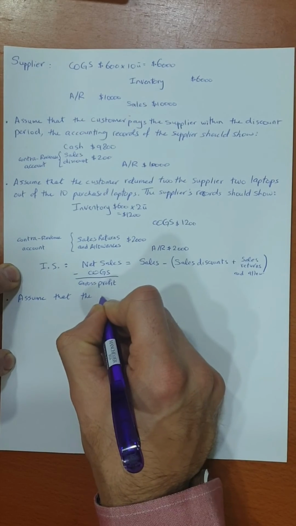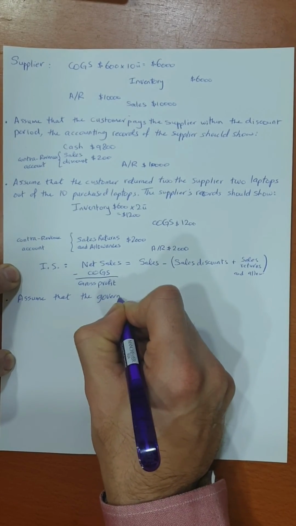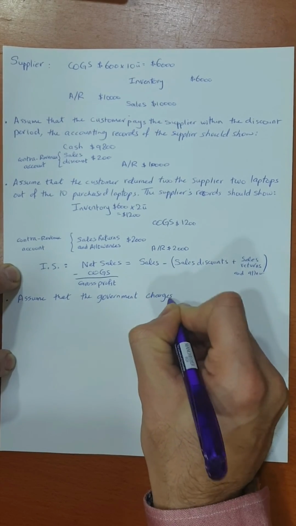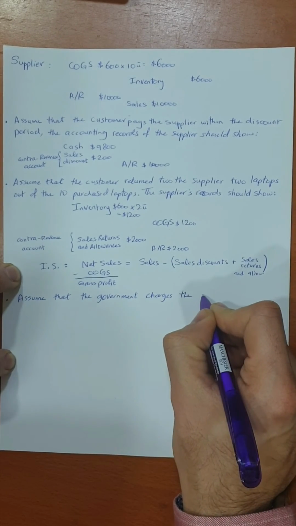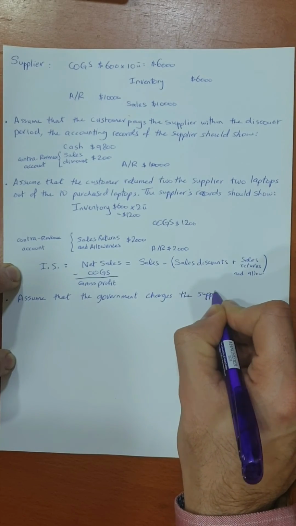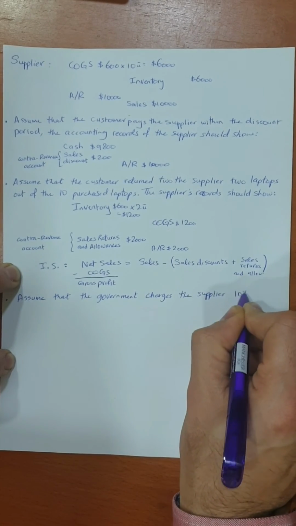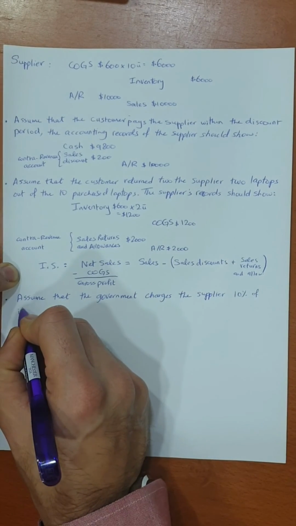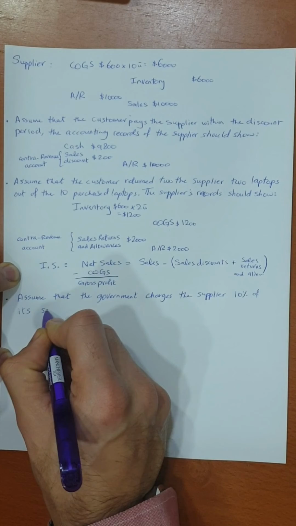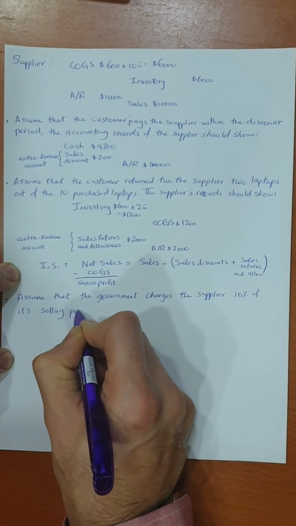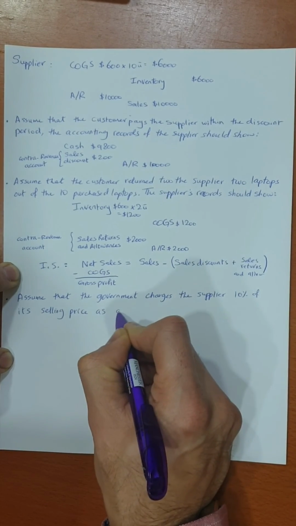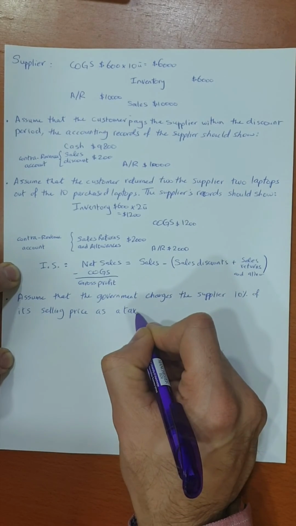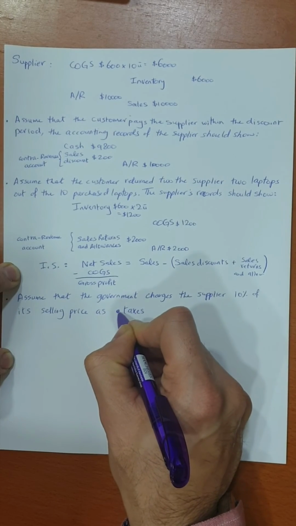Assume that the government charges the supplier 10% of its selling price as a tax, or as taxes.